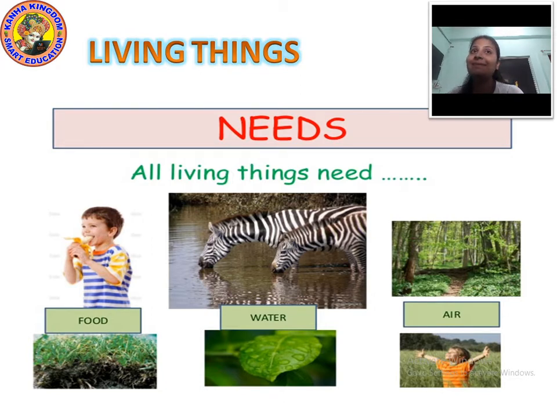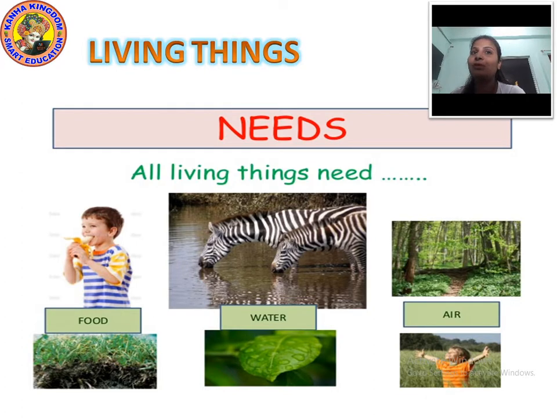What do living things need? I have already told you what living things need. Now let's look once again at what living things need. All living things need food, water and air.